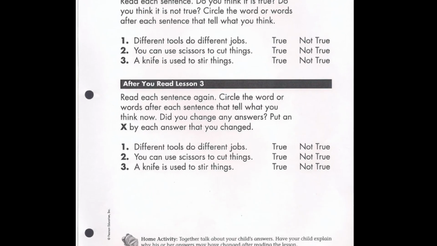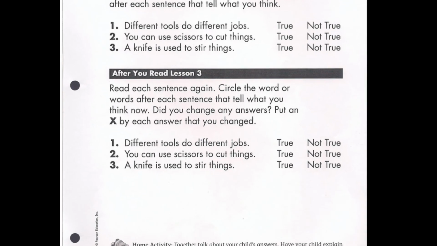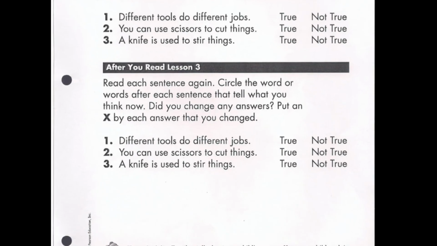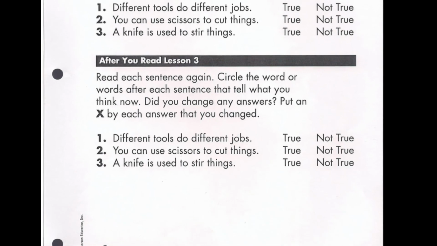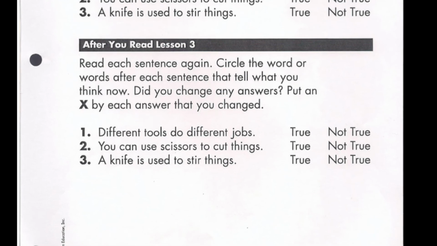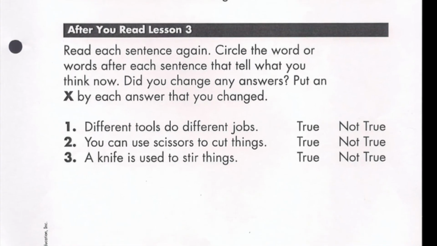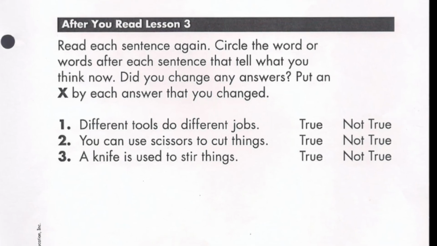Number 2 says, you can use scissors to cut things. Is that true or not true? And then your very last question again is number 3, a knife is used to stir things. Is that true or not true?